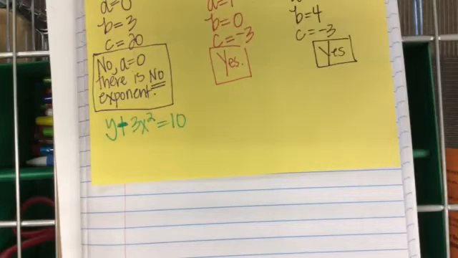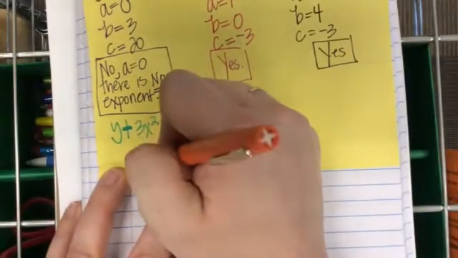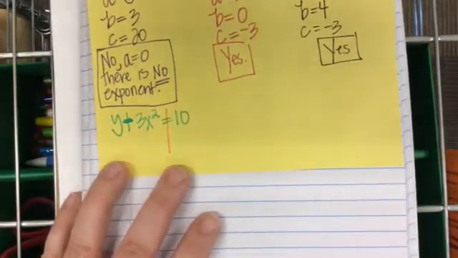Jacob, why is there a red flag? Because this is not y equals. There is a y, but it's not y equals. You're right. But using our algebra skills, can you rewrite it so it is y equals? Can you get y alone? Yes.